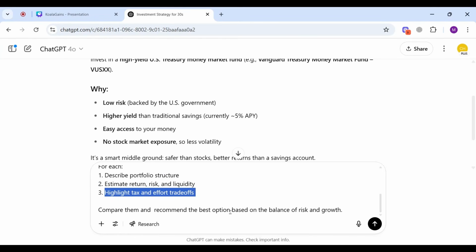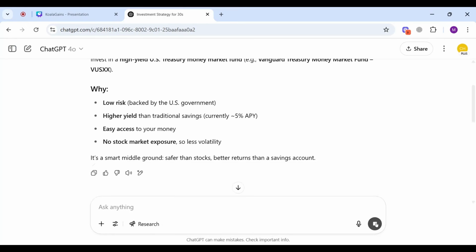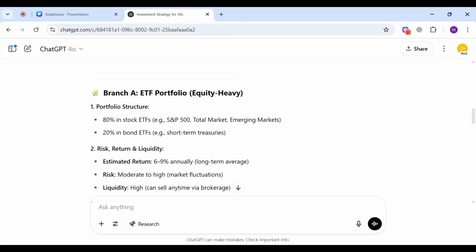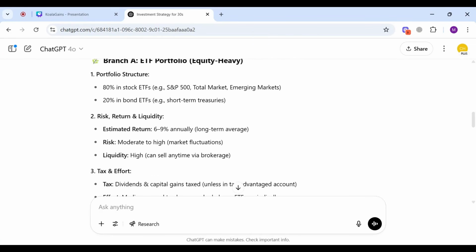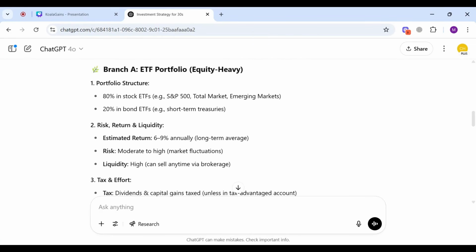Now let's see what is the best option that we get to choose. Okay, so it has explored 3 different branches for us to easily decide which option is best for us. Number 1 is ETF portfolio.